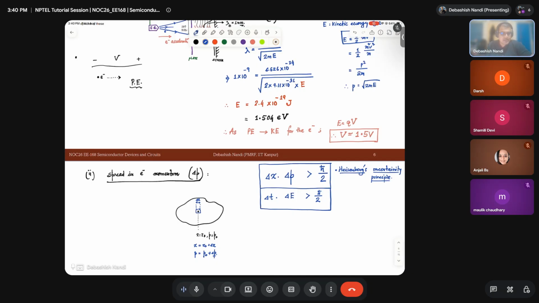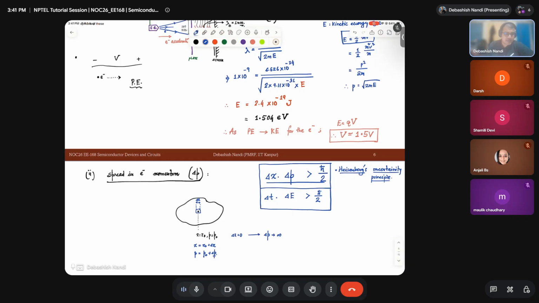If I can measure the position exactly, that means if my delta x is equal to 0, fine. So from this inequality, you note that if delta x equals 0, what will my delta p be? Delta p will be infinity, right?